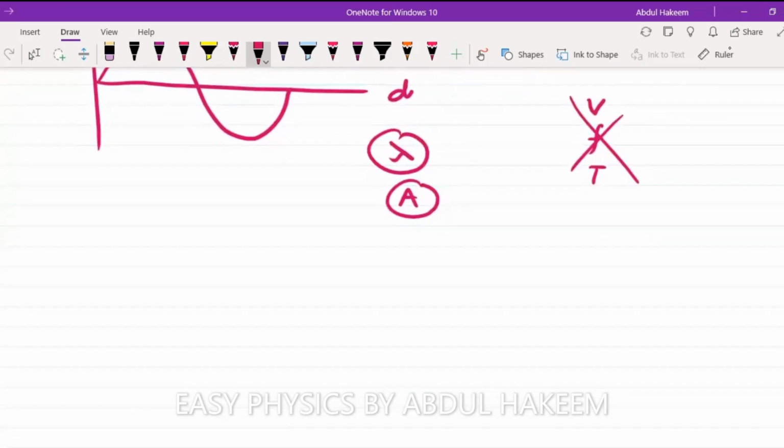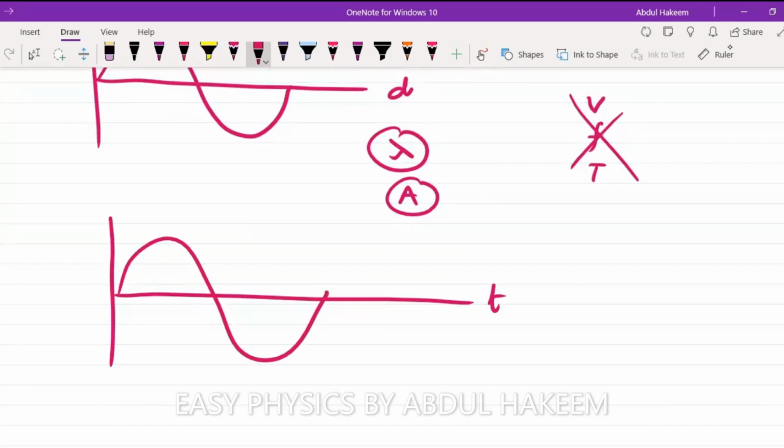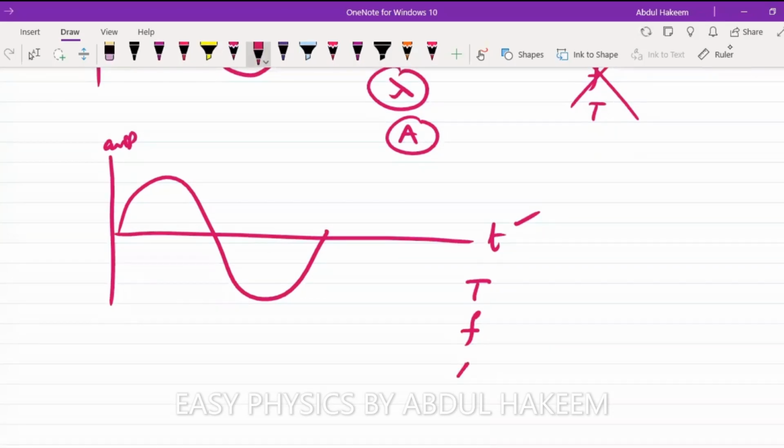But if the same wave is plotted on the x-axis having time, and here amplitude, then this will give you the period, frequency, amplitude, intensity. Yes, intensity can also be determined from the first one because it depends on the amplitude, but speed cannot be determined.